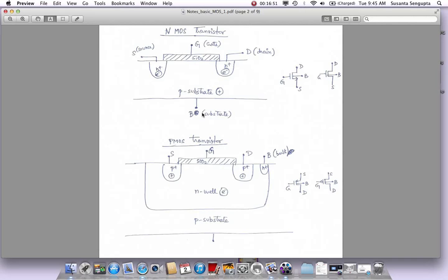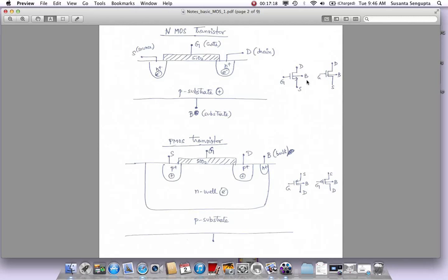So those are the 3 terminals. The 4th one is called the substrate, also called the bulk sometimes, so I'm going to call it B. A typical symbol that is shown for the MOS, this is a symbol for an NMOS. These 2 are symbols for NMOS, where you can have an arrow, and sometimes in the digital world you don't even draw the arrow, you just leave it like this. So you have a gate, you have the bulk, which is not drawn most of the time in the digital world, you have a drain and a source.